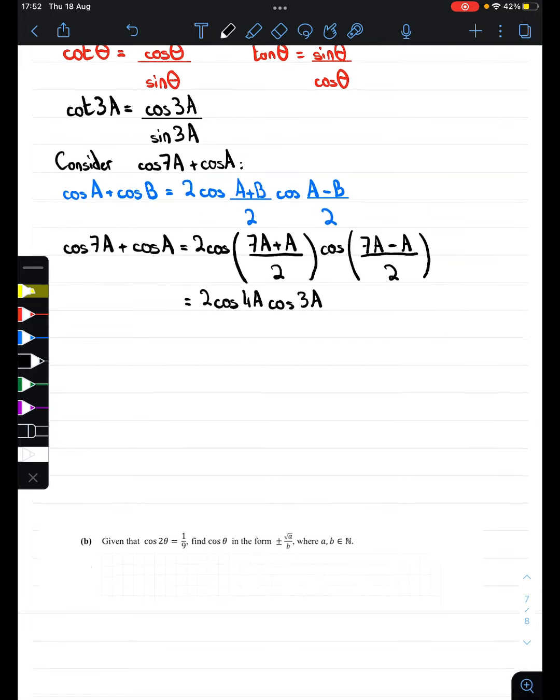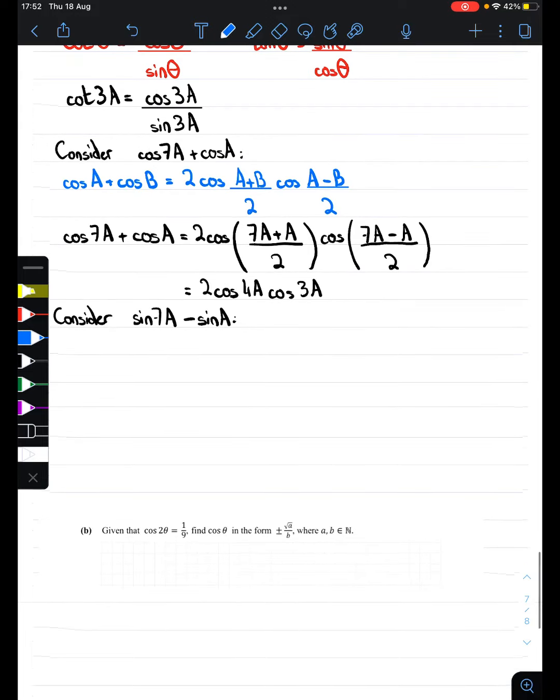So we're going to do the same with the denominator. Let's consider sine of 7a minus sine of a. Again, we've got this expression where we have the difference of two sines, and again we have a formula for this.